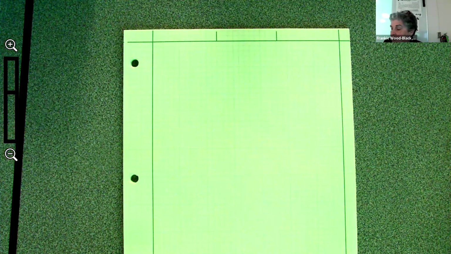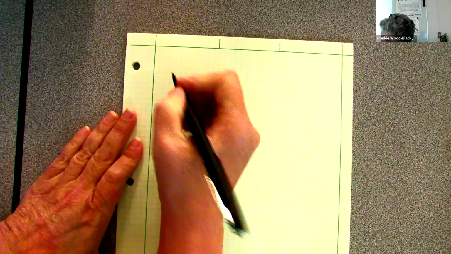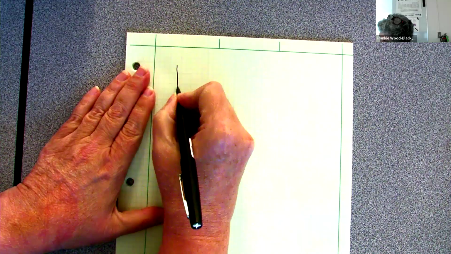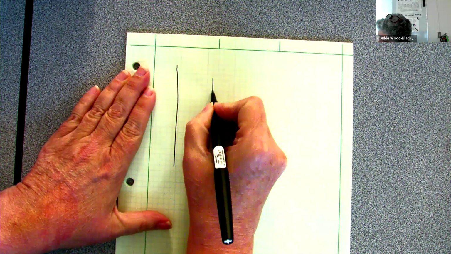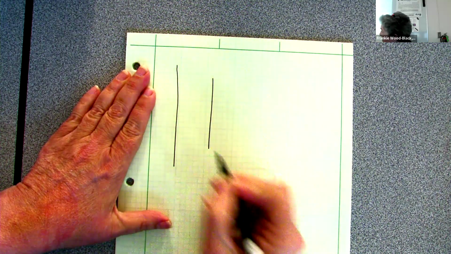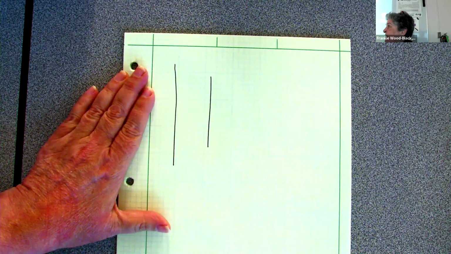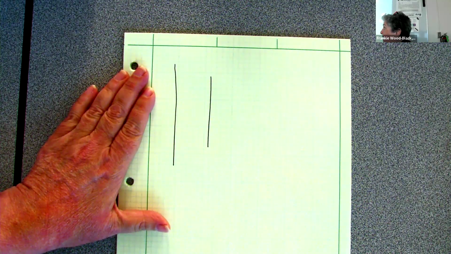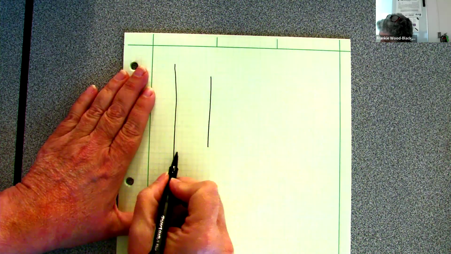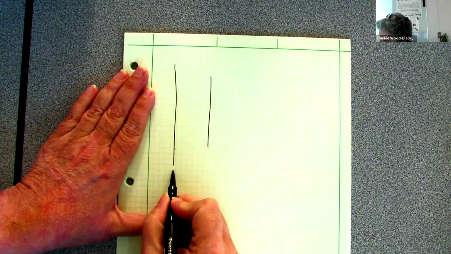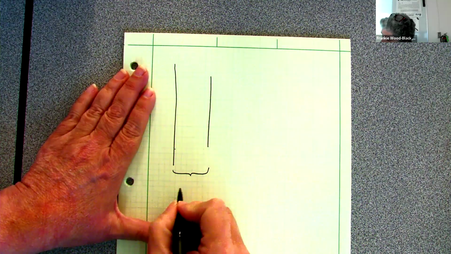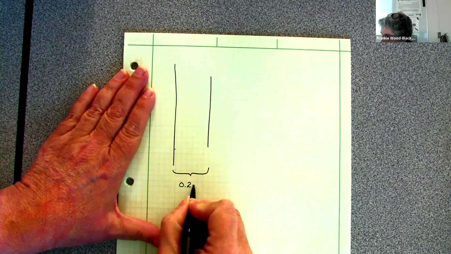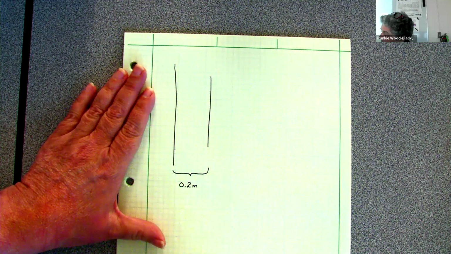Okay, so think of some devices here. Inside each of those is a mirror. And we're going to set this distance to be 0.2 meters. All right.